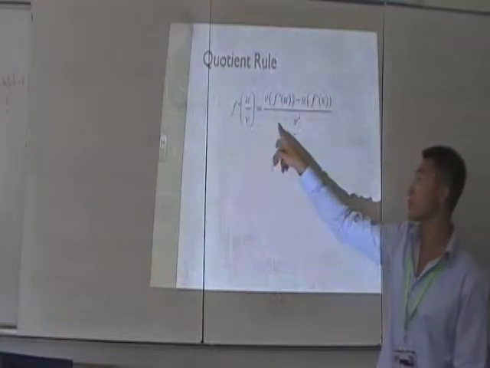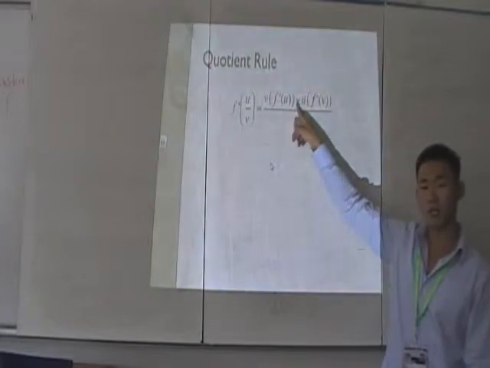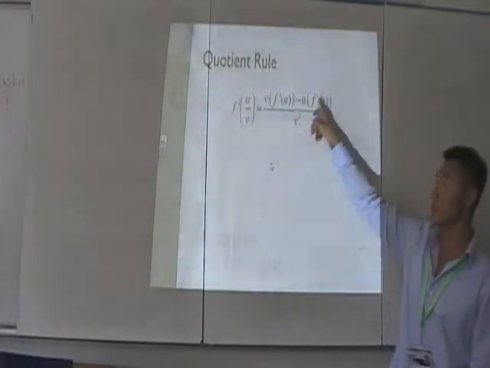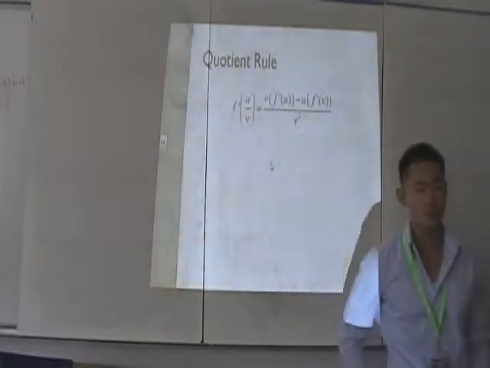I'll say that again: bottom thing times the derivative of the top thing minus the top thing times the derivative of the bottom thing, all divided by the bottom thing squared.